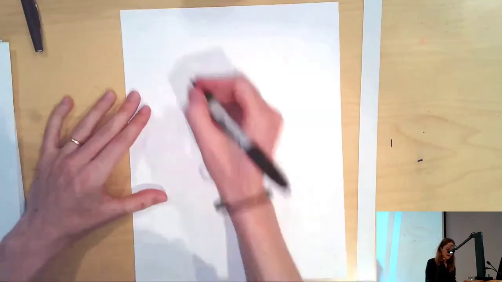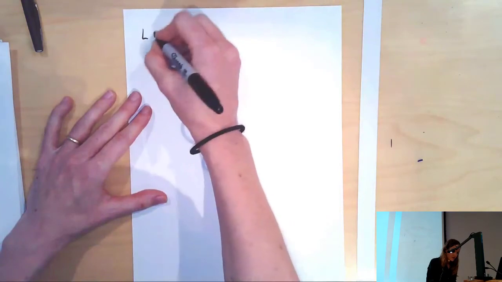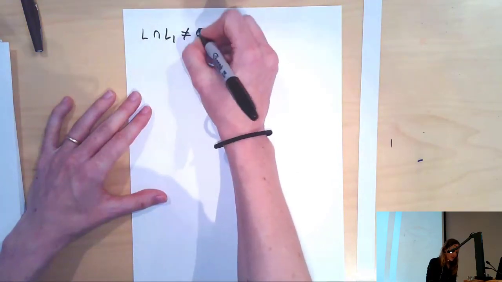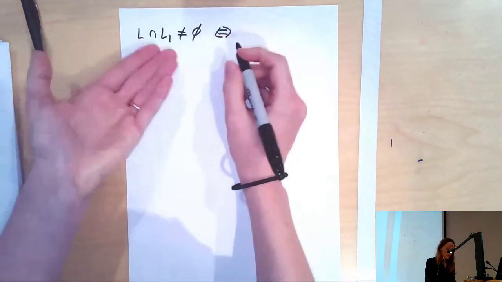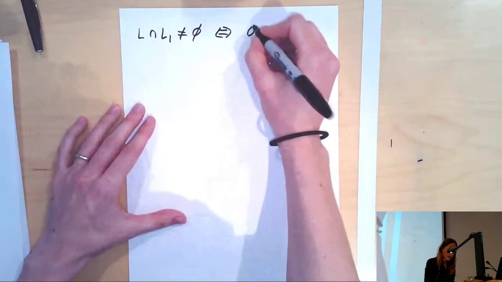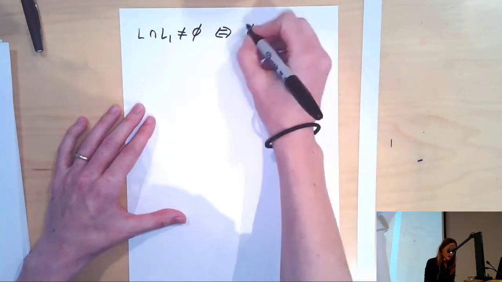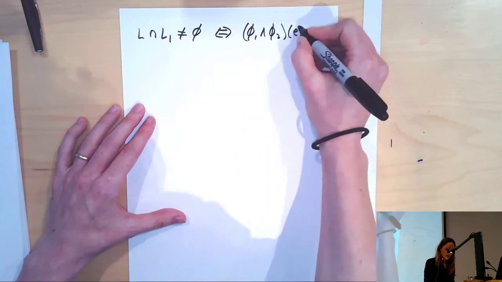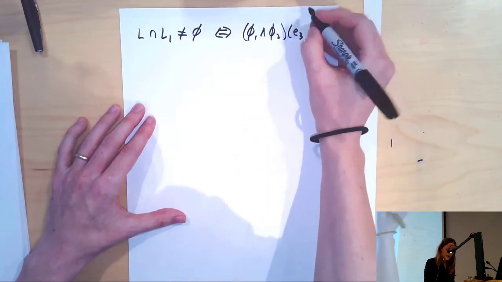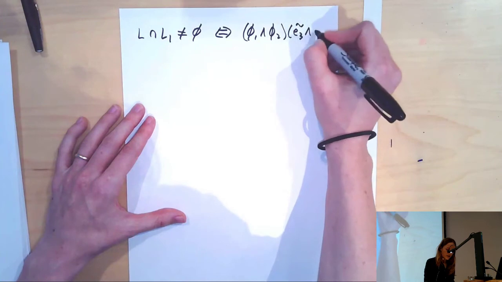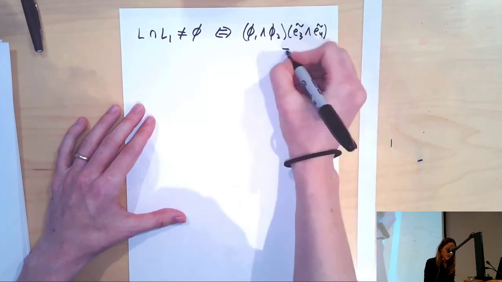So there needs to be a linear dependence between the part of their basis expansion having to do with those first two. And it follows from this that L intersects L1 if and only if when you take phi1 wedge phi2 and evaluate it on E3 twiddle wedge E4 twiddle, you get 0.